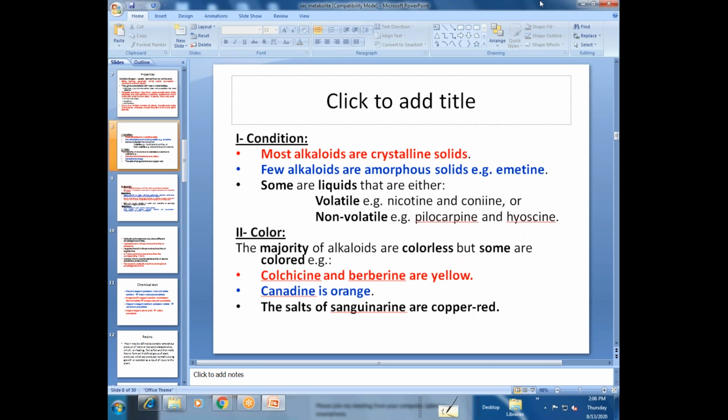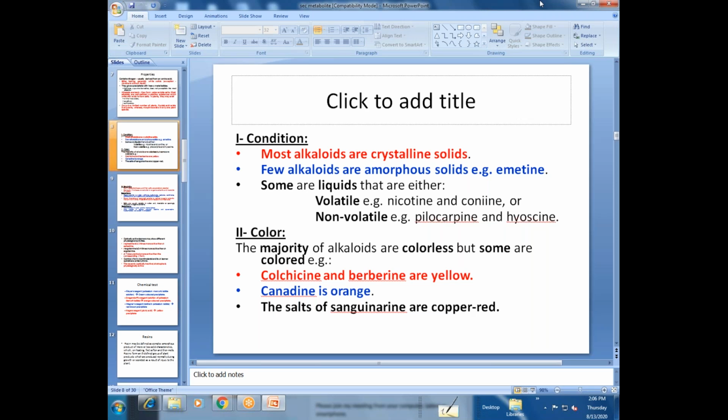Coming to the color, alkaloids are colorless, but some are colored. That is colchicine, betadine, and berberine. Colchicine and berberine are yellow. Betadine is red. Canadine is orange. The salts of sanguinarine are copper red. These are the few exceptions I'm telling.